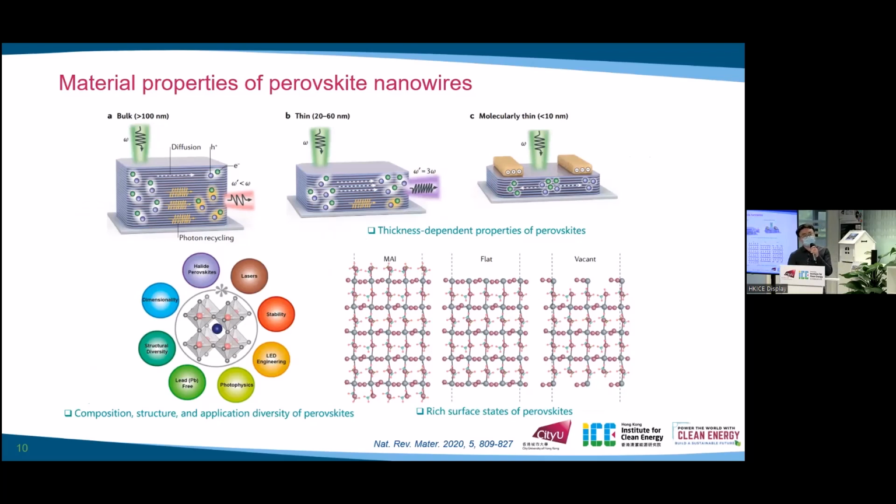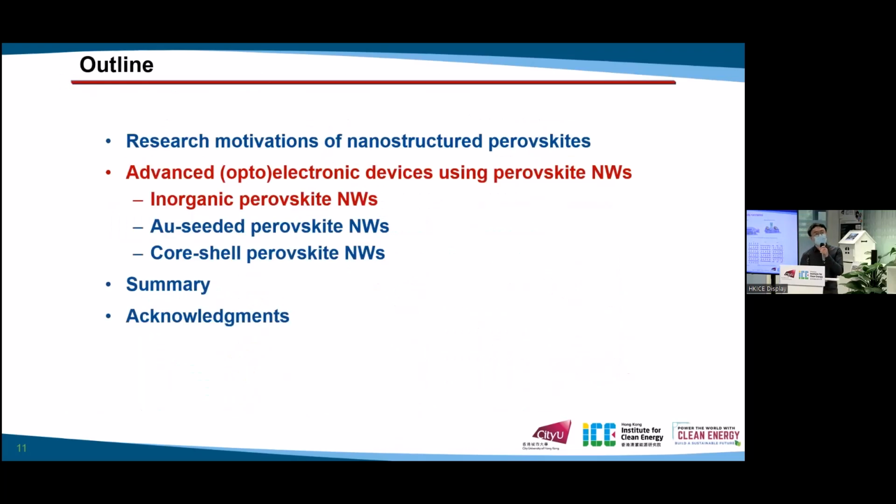And also we can study their composition, their structure, and their application diversity for the perovskite nanostructure. And in the next section, I will show the advanced optoelectronic device using perovskite nanowire.